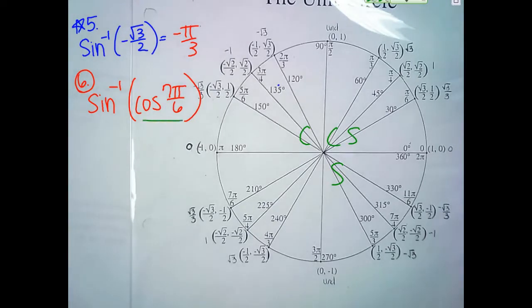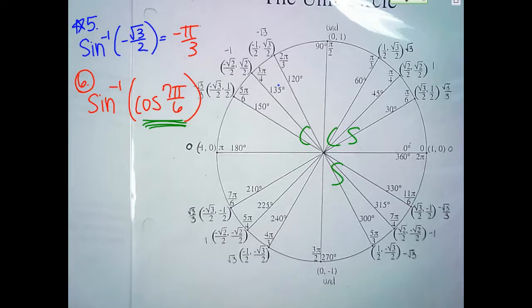Do this part first. Get this answer. Now, what I underlined in green right here just is cosine. Is it an inverse? No, it's a plain, let's go back and look at your first 3 problems you did. It is just a plain old cosine, not an inverse.